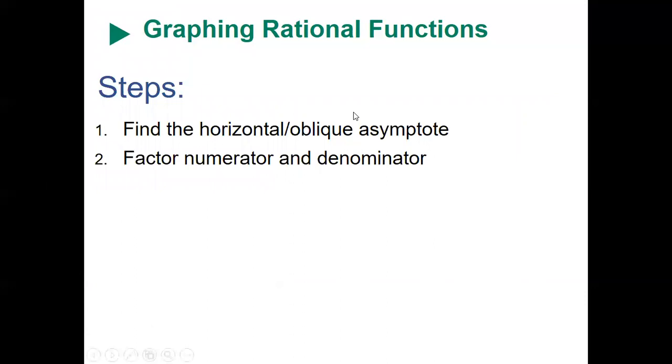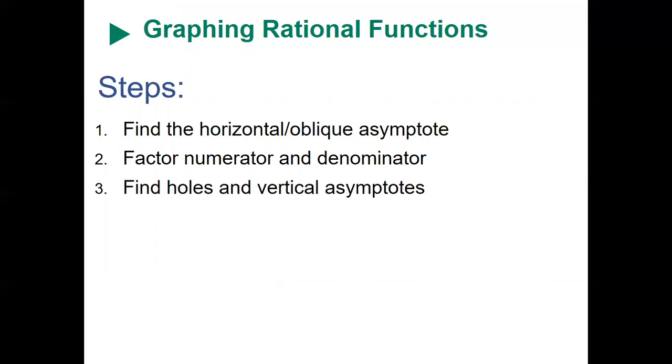So now we're going to talk about graphing rational functions. When you're graphing rational functions by hand, which on your test there is a part where you have to graph the function, these are the steps we're going to follow. You find your asymptotes. You factor your numerator and denominator.